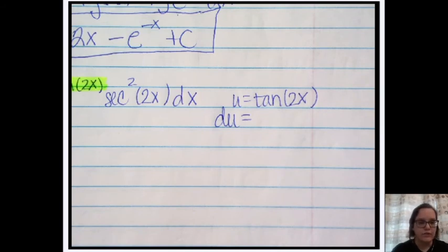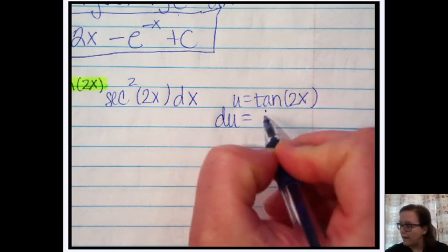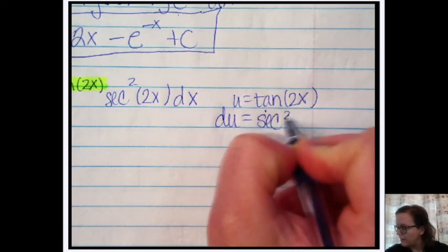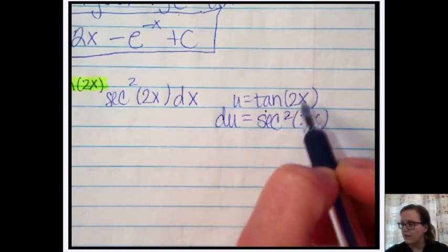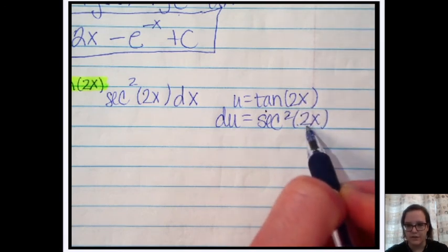I don't, so you either need your chart or go back to where we had notes that had it in there. You can also Google the derivative of these, but the derivative of tangent of u is secant squared of u, of the inside function, times the derivative of the inside function.